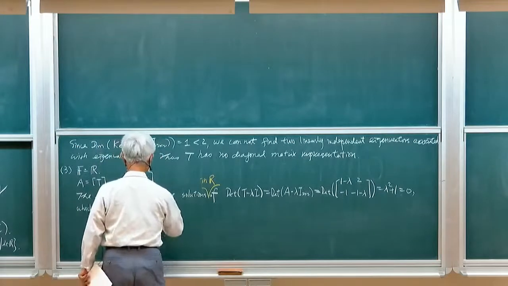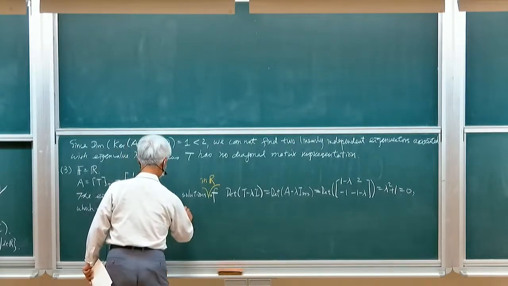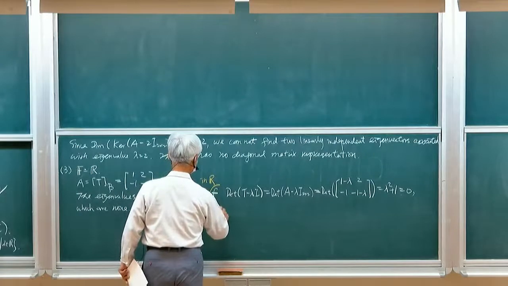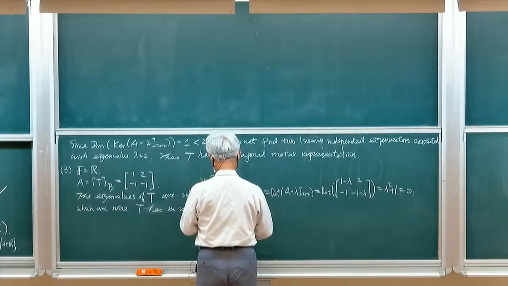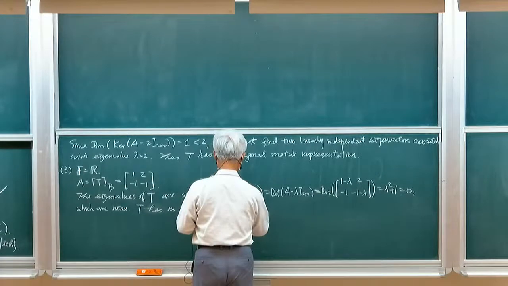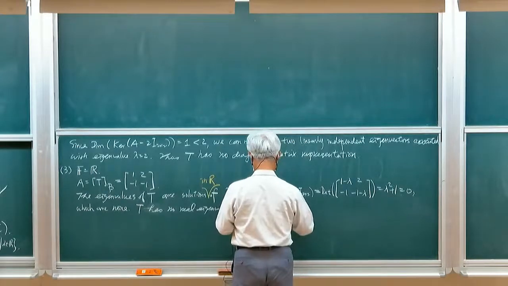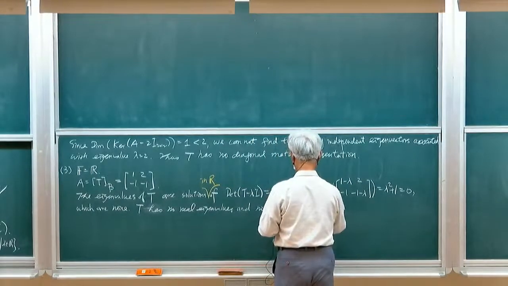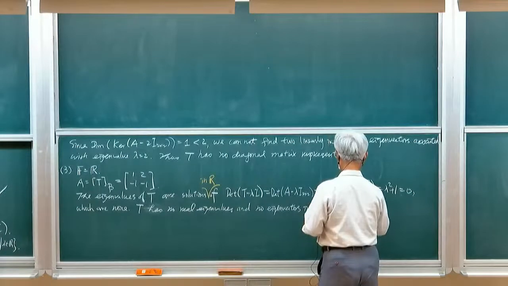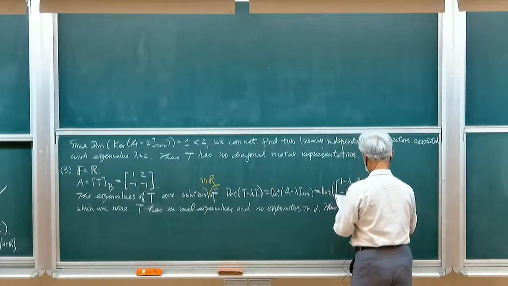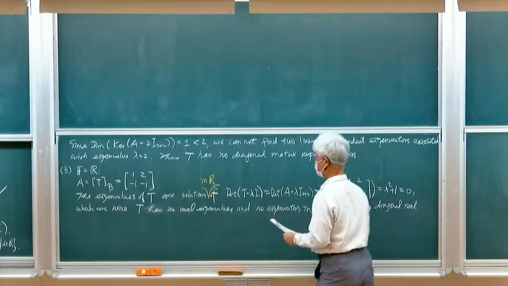So T has no real eigenvalues and no eigenvectors in V. So T has no diagonal real matrix representation.